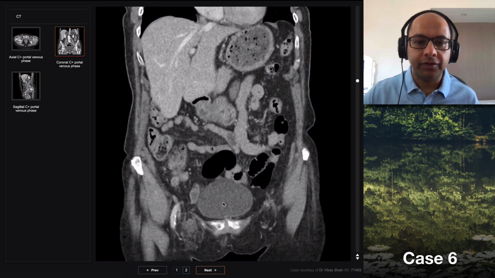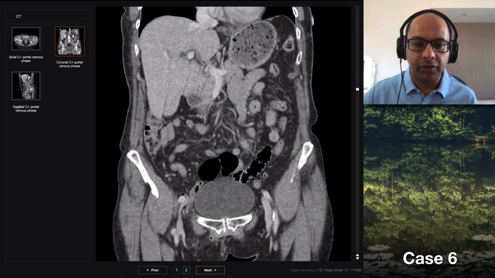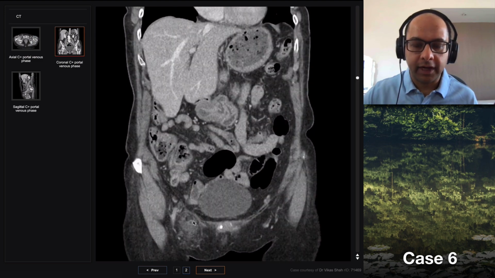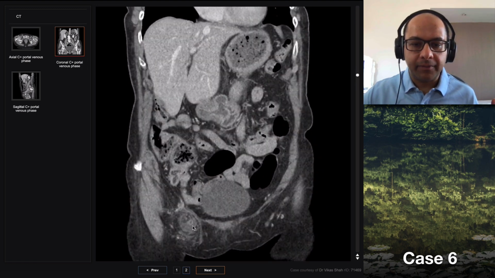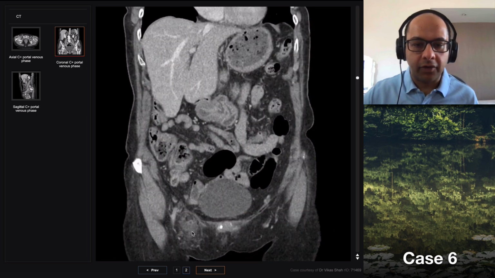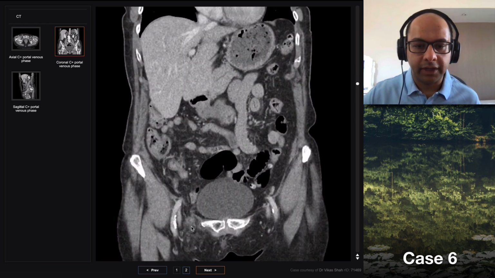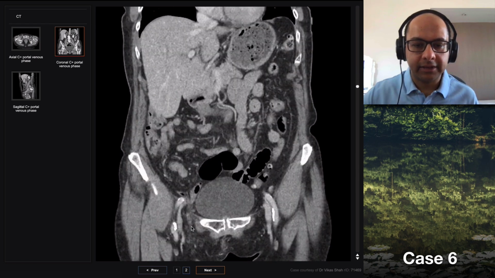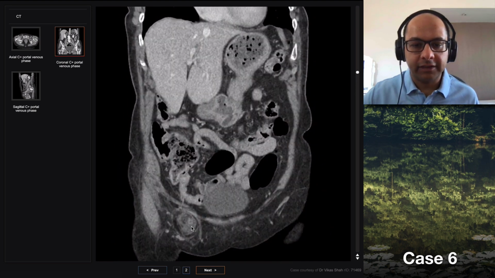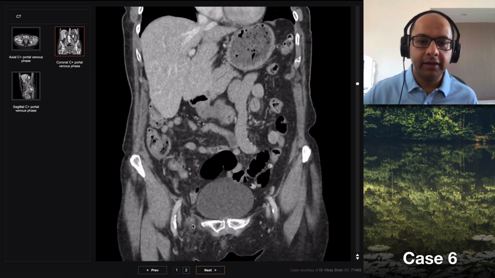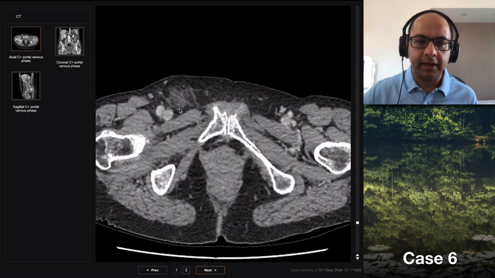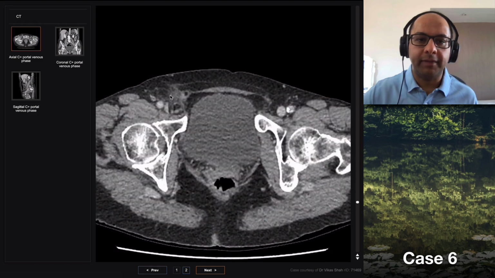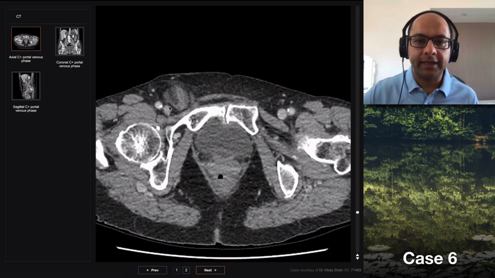If you look at the coronal images, this is not going down the inguinal ligament towards the labia; it's more vertically oriented. So this is in fact a femoral hernia containing the appendix. This is quite rare, because femoral hernias by themselves are rare, and to have acute appendicitis within one, with acute inflammation, is rarer still.